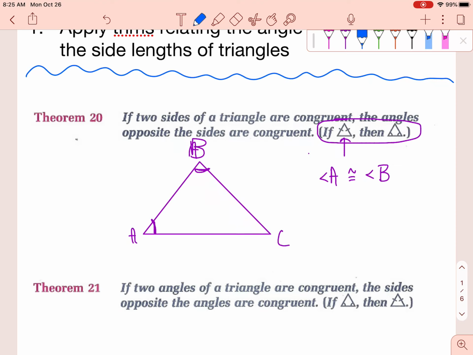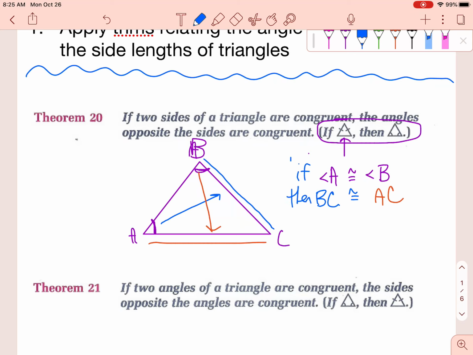The sides opposite them: opposite A is the side that is not touching A. So opposite A would be BC, and opposite B is AC. Because those angles are congruent, the sides opposite them would also have to be congruent. Oh, that was the next theorem.